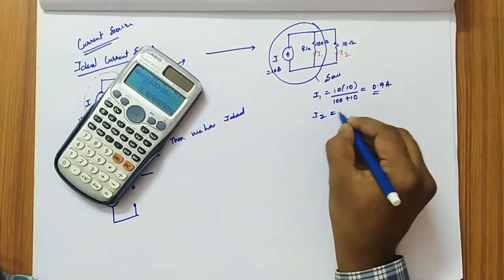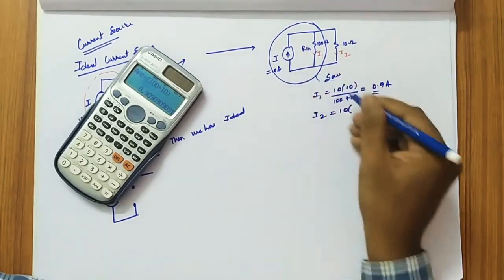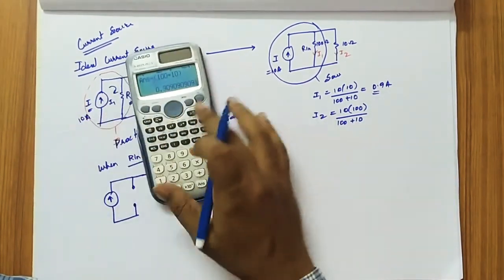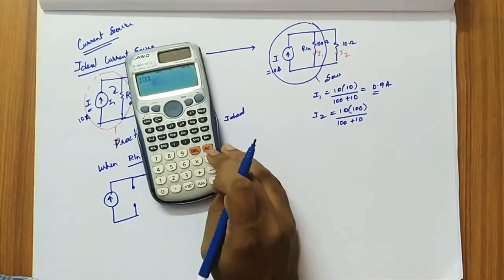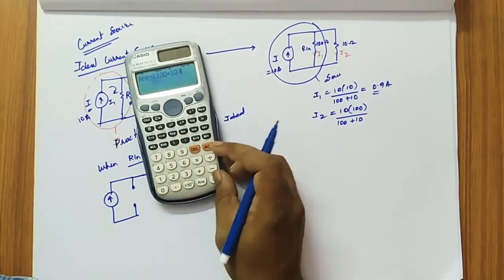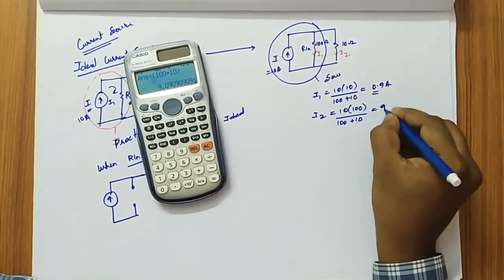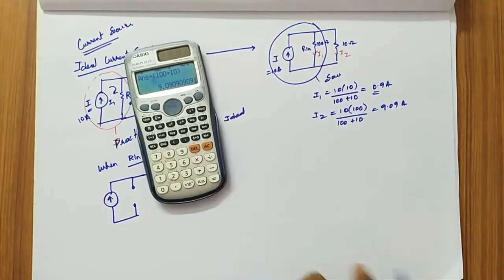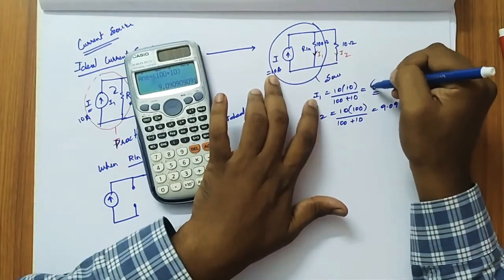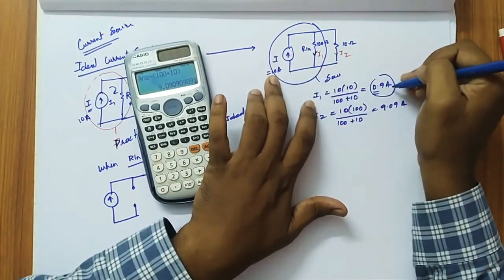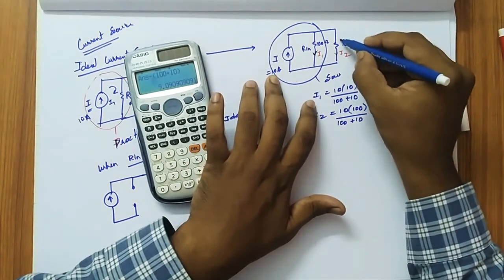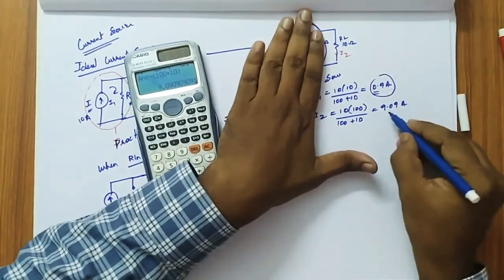So I2 equals 10 into 100 divided by 100 plus 10, so you are getting 9.09 amps. The source is 10 amps, the internal resistance is taking 0.9 amps, about 10 percent, and the load is getting about 9.09 amps from the source.